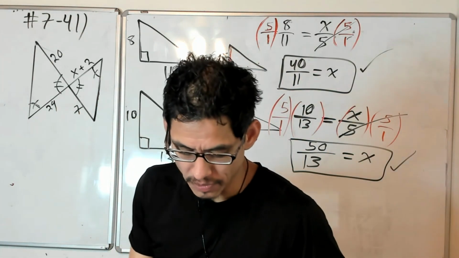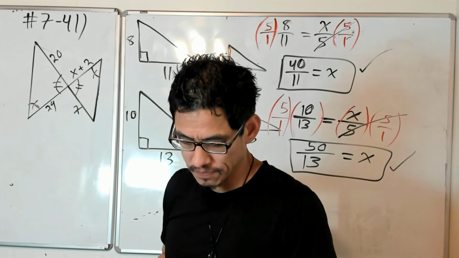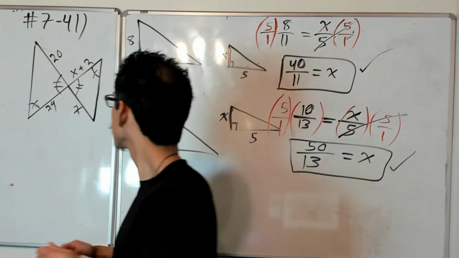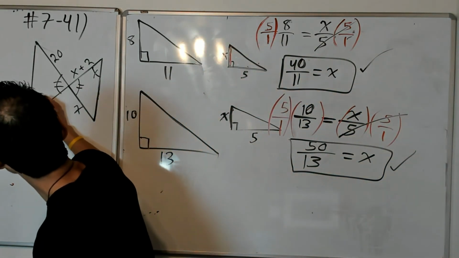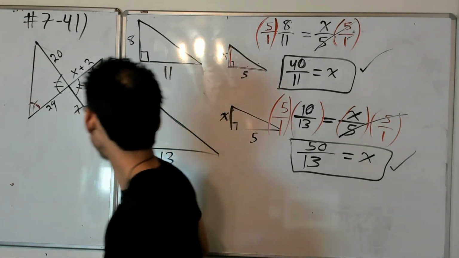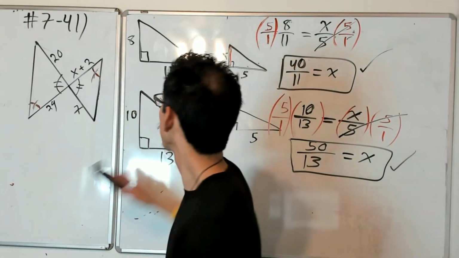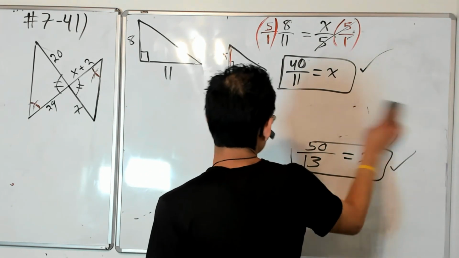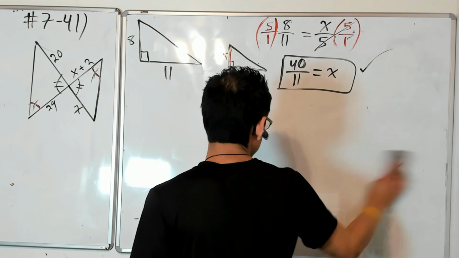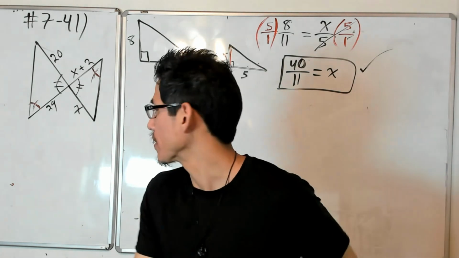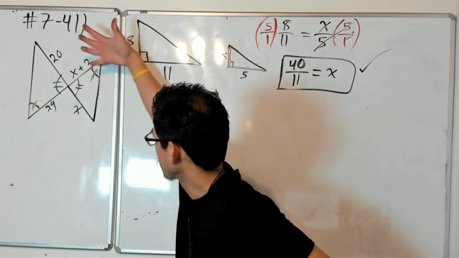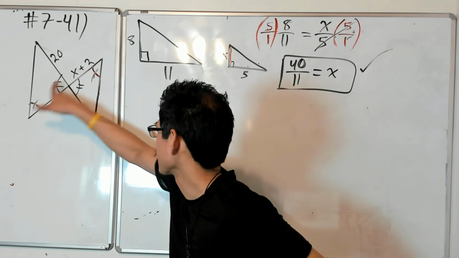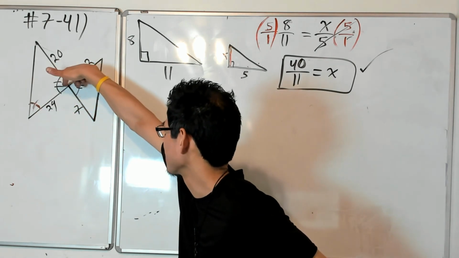So what do we do? All right, so again, we want to use a scale factor, because from here we can conclude that these are going to be similar triangles because we're given that these angles are congruent and that these angles are congruent.